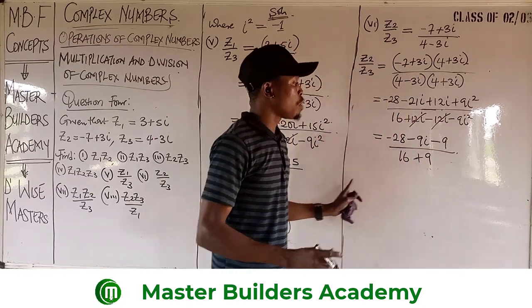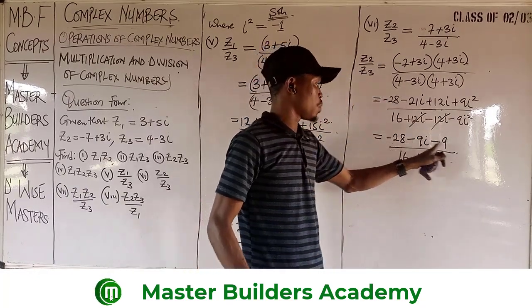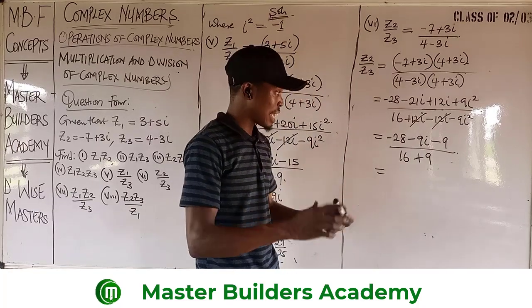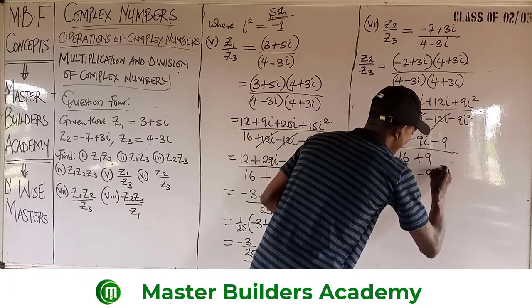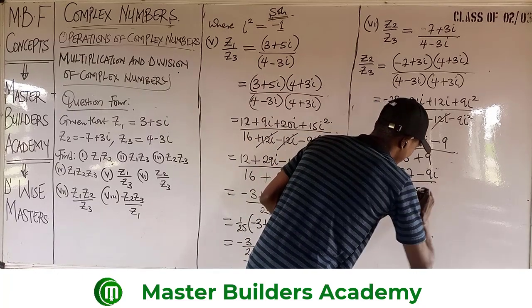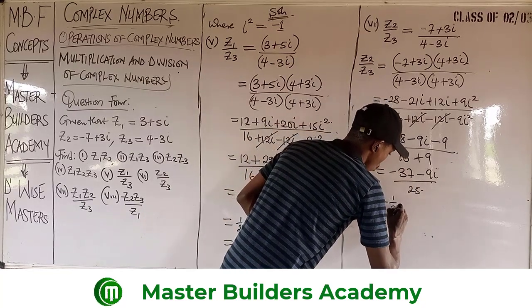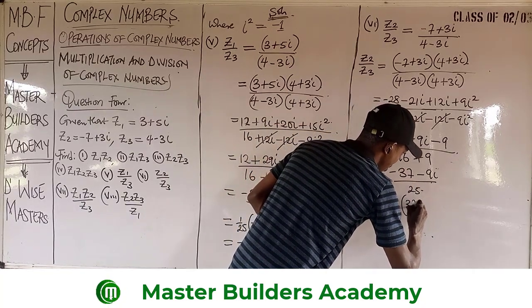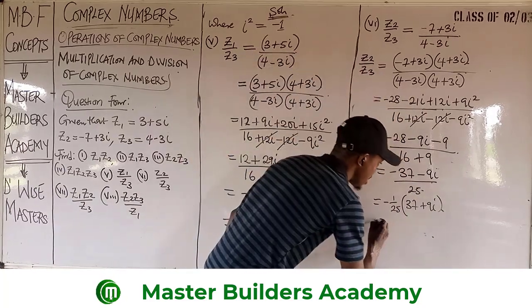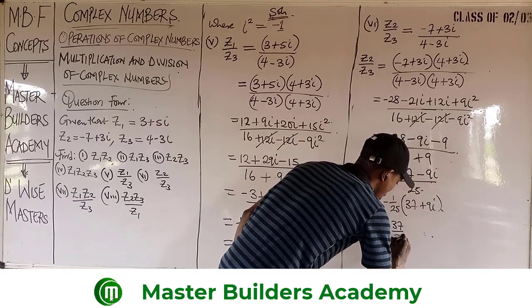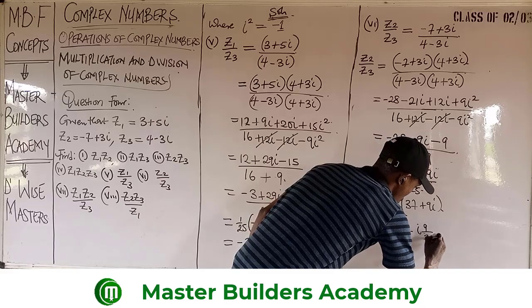Okay? And then if we simplify this further, we'll have minus 28 minus 9 giving us minus 37. And then we have this as minus 37 minus 9i all over 25. Like I said, you can leave your answer this way. You can as well have it as minus 1 over 25 into 37 plus 9i, because minus is common, or you can have it as minus 37 over 25 minus i 9 over 25.